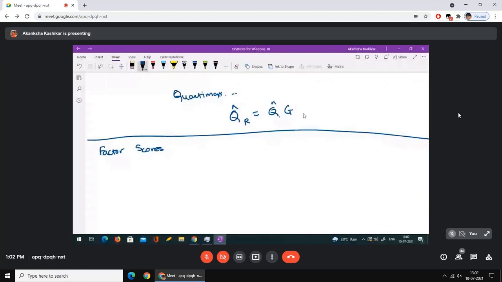Because in the initial discussion we saw that factor analysis is used when we have something called latent variables. Factor analysis is used when I actually want to talk about these latent variables, but I don't know how to measure them.